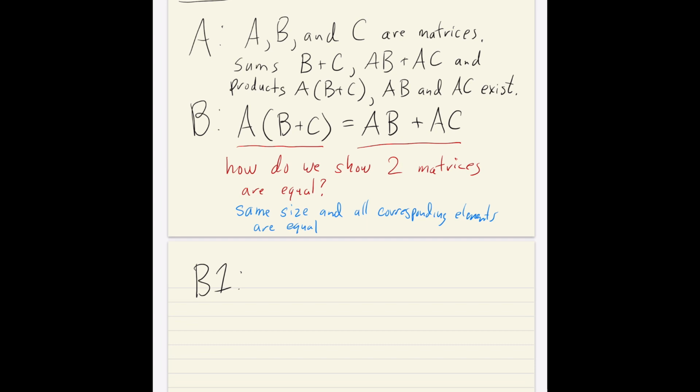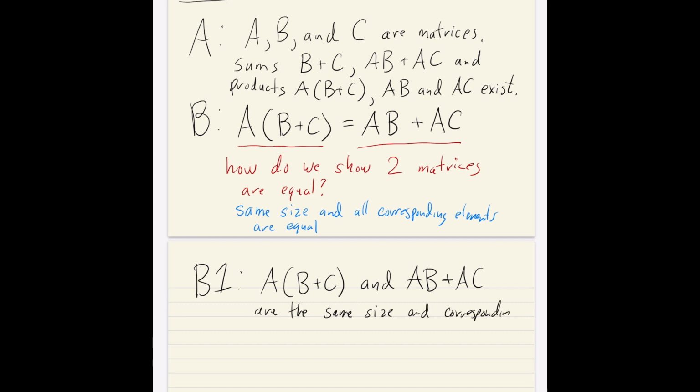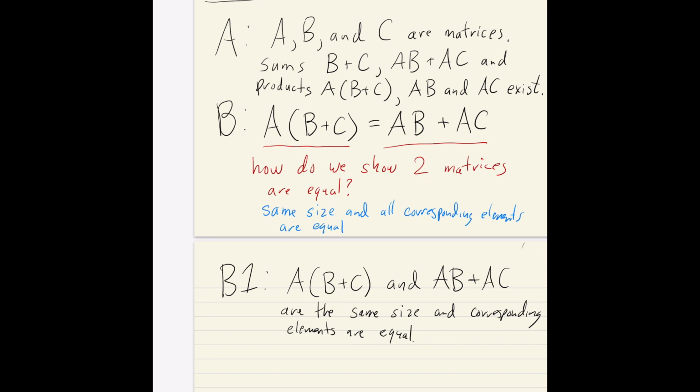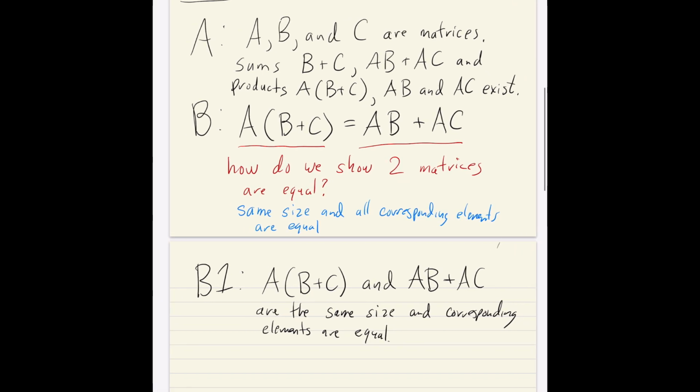B1 would be to show that A times B plus C and AB plus AC are the same size and corresponding elements are equal.